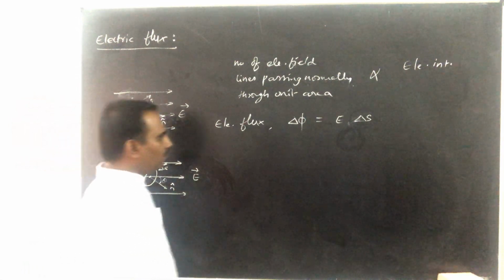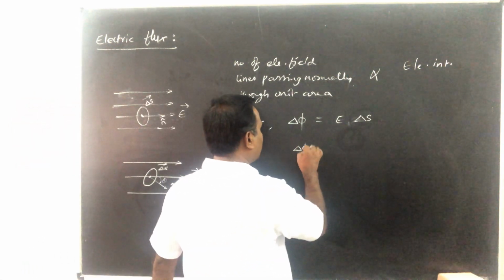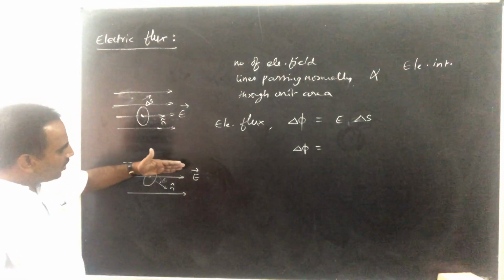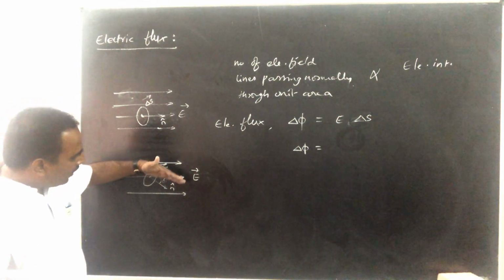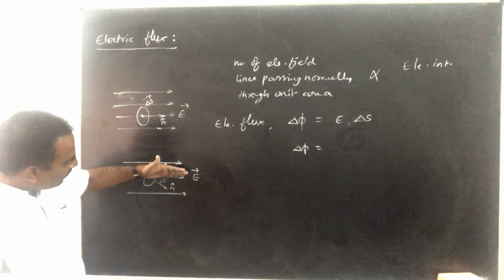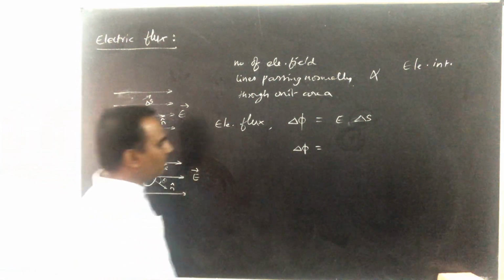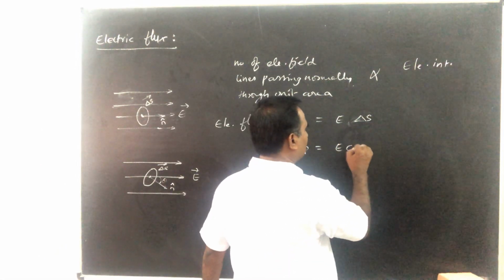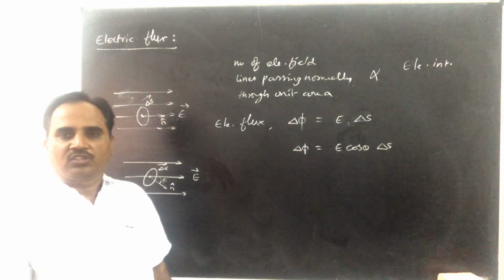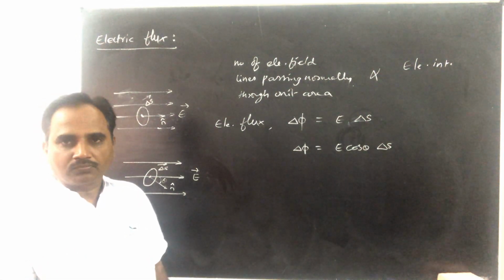Then to find this electric flux, you have to consider the component of electric field along the direction of area vector. So the component of E along this n cap is given by E cos theta.